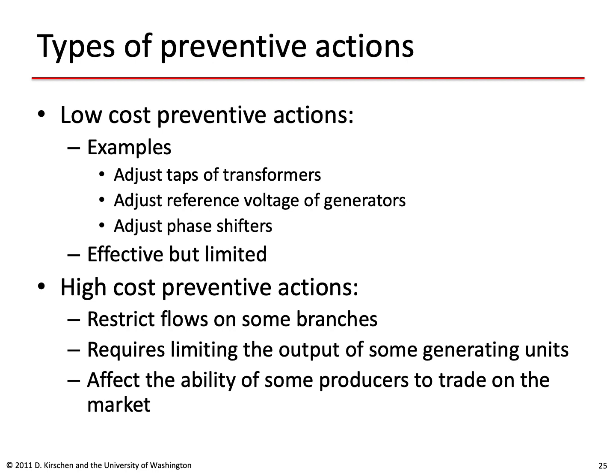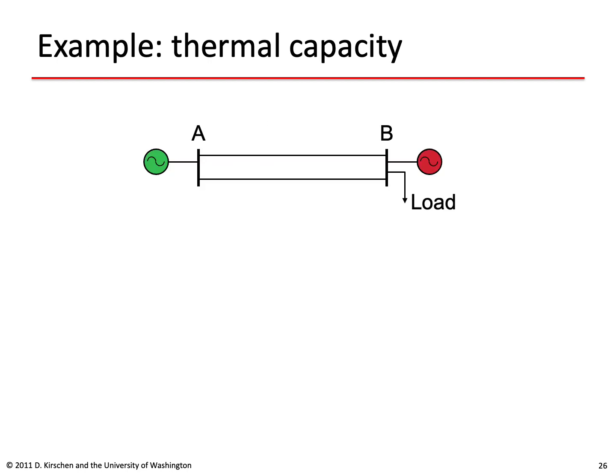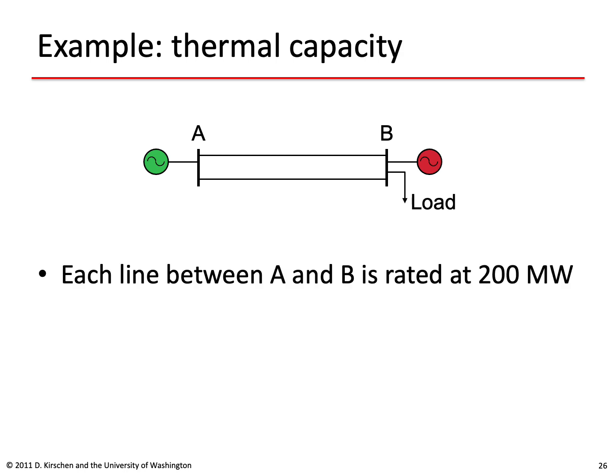market. Let's consider a small example to explore how the thermal capacity of lines limits the ability to trade and how this can be dealt with using ancillary services. In this small system we have two buses and a generator connected at A and a generator connected at B, but most of the load is connected to B. Now let's assume that each of the lines between A and B is rated at 200 megawatts.